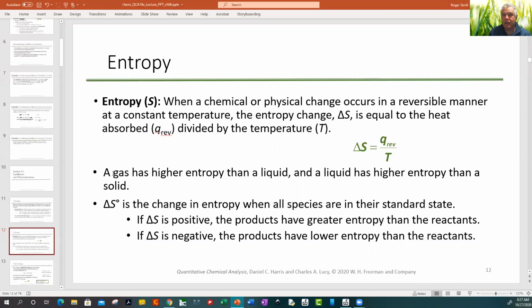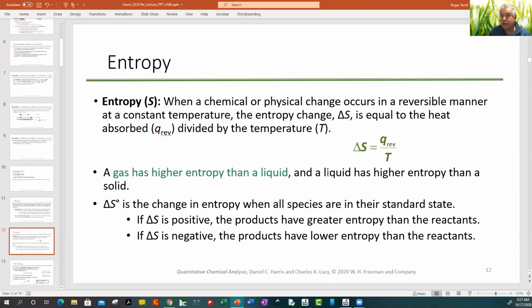So one thing we can say is that a gas has a higher entropy than a liquid. If you have a closed system with some liquid, and that liquid evaporates, then the molecules in the liquid increase their entropy by evaporating. It's fairly straightforward. It can happen, so it happens.